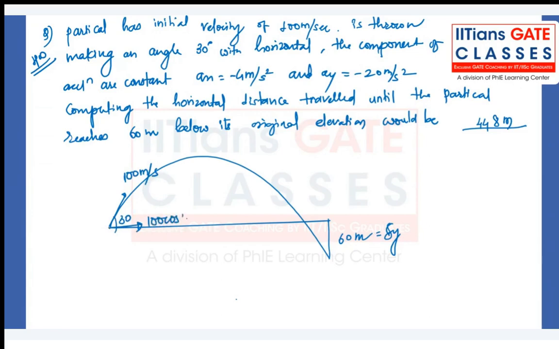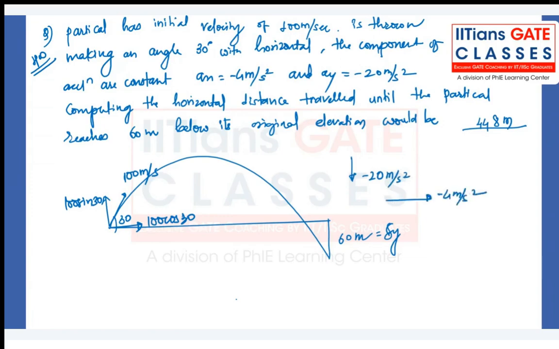And the component of acceleration in this direction is minus 20 meter per second square, and in the horizontal direction the acceleration is minus 4 meter per second square. Okay, so this is the given data.